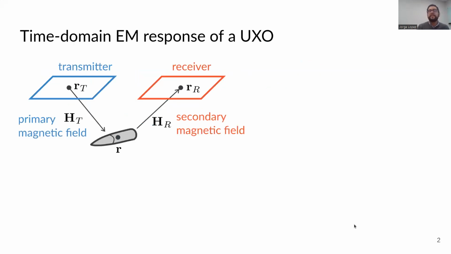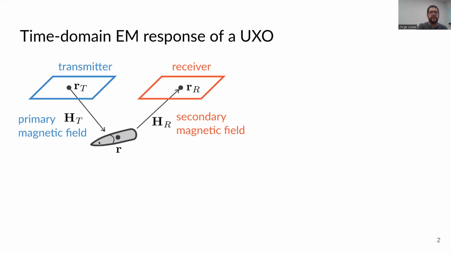So I'll start by talking a little bit about the basic setup of using time domain EM to detect and classify UXOs. You have a transmitter with an electrical current running through it, and you suddenly shut that current off, which induces a dipole moment in the UXO. The UXO is usually a highly conductive, highly permeable object.